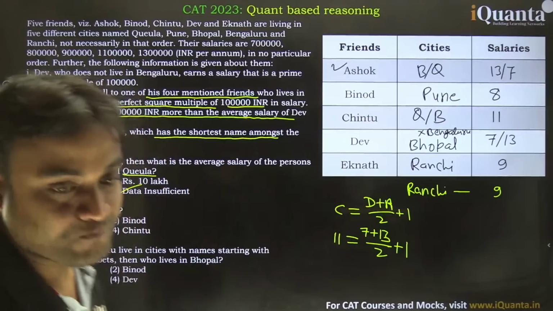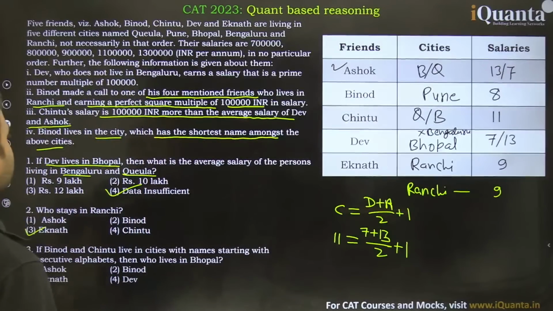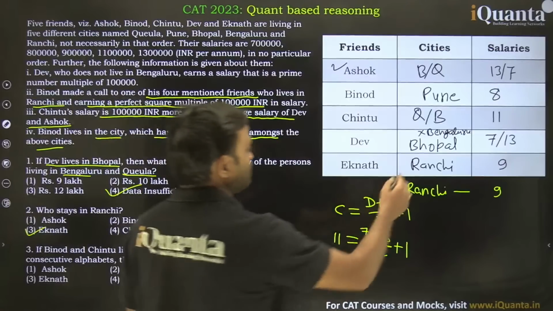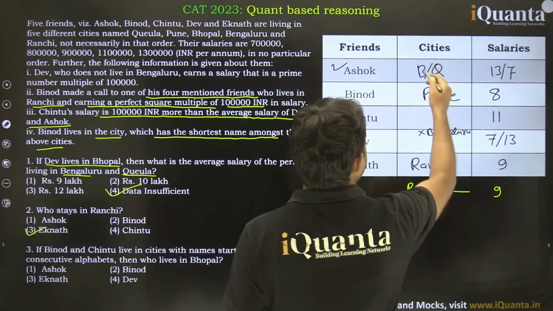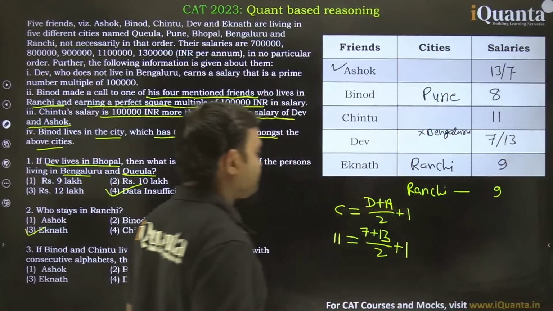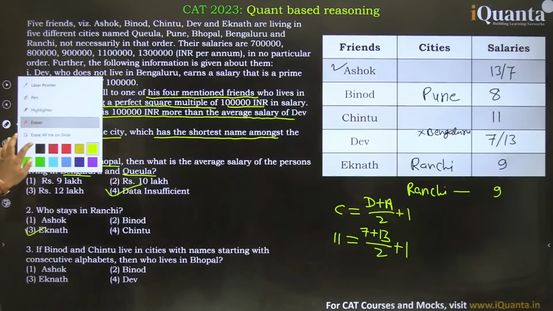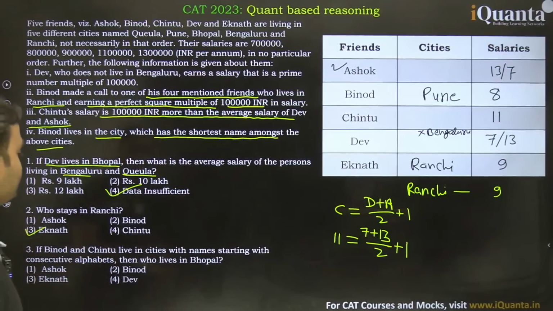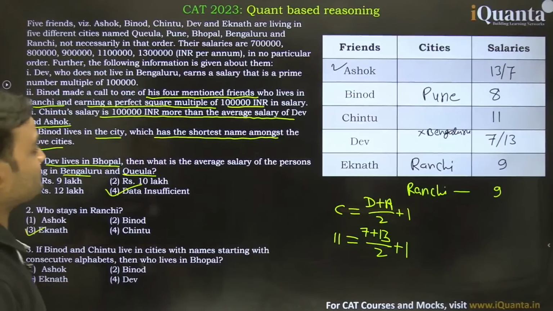Okay, now next it says if Binod and Chintu live in cities with names starting with consecutive alphabets, then who lives in Bhopal? So let's erase this information. Binod and Chintu live in cities with names starting with consecutive alphabets.